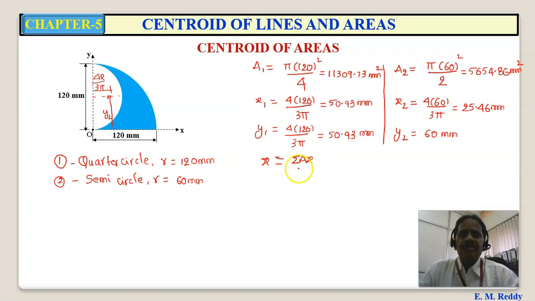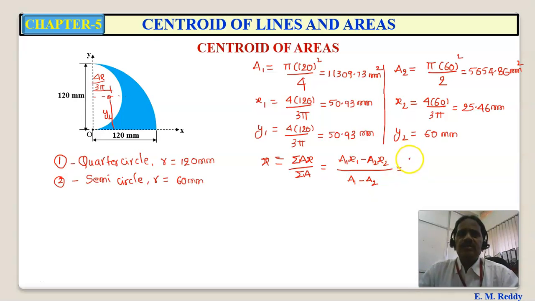Now you have X bar is equal to summation AX upon summation A, that is A1 X1 minus A2 X2 upon A1 minus A2.